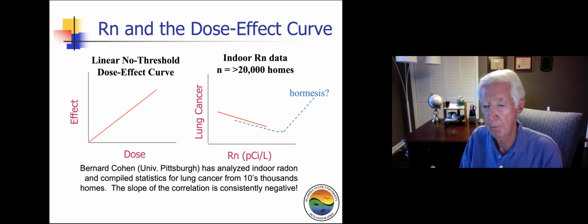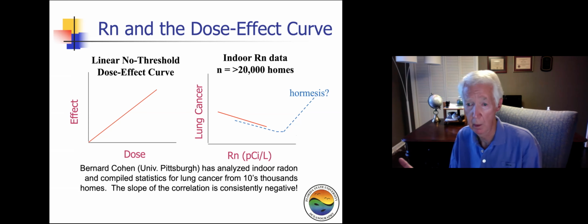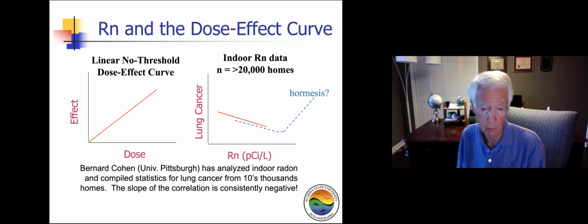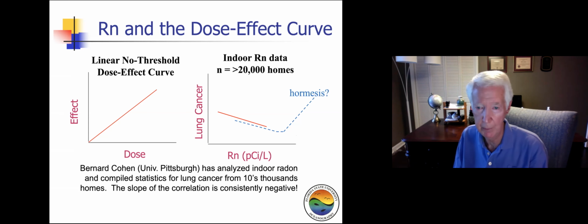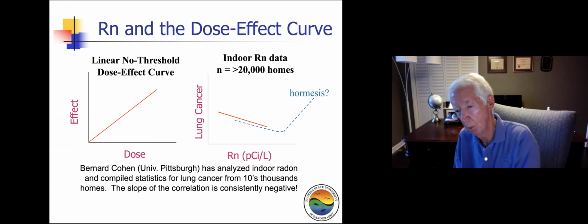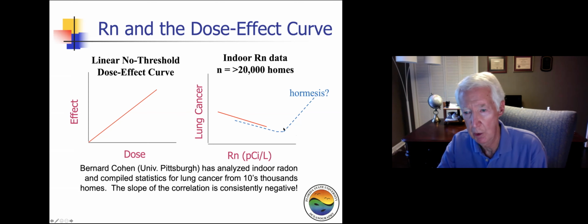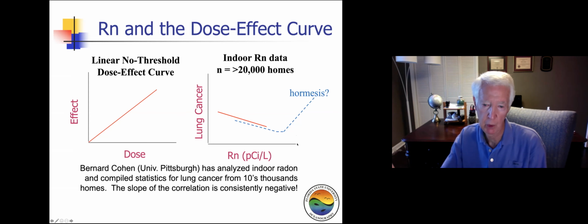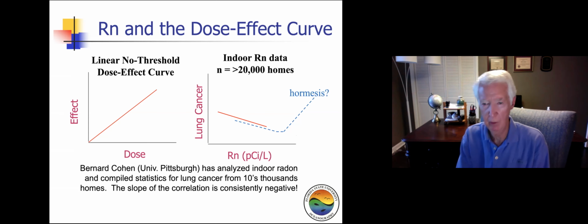And 5 picocuries per liter, which is about the highest he found in all these tens of thousands of homes, is only considered a little high. The EPA action level is 4 picocuries per liter. So if he had more data points at higher levels, he might have seen this change in slope. So who knows? It's interesting to speculate about.